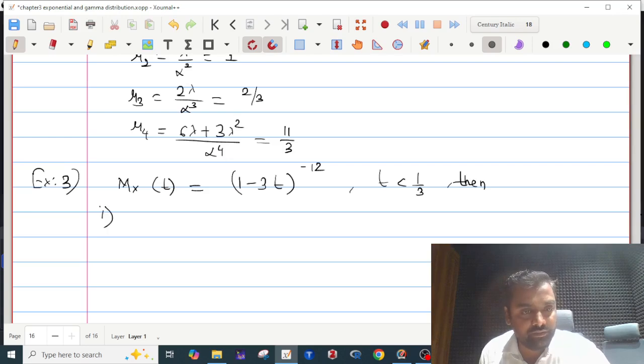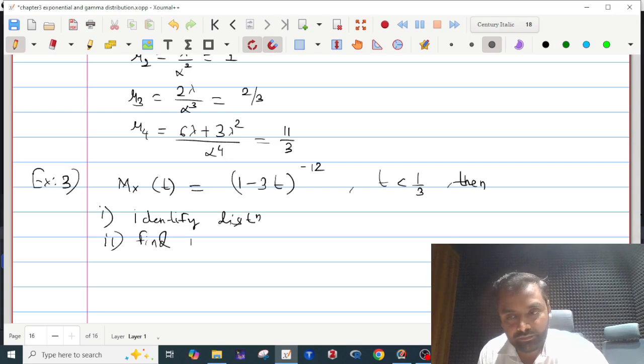Identify the distribution. Find mean and mode. Find beta 1 and beta 2.